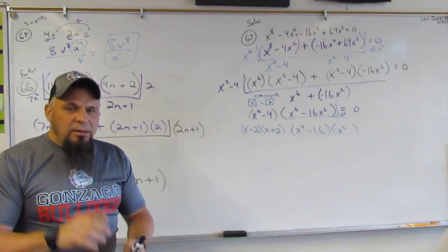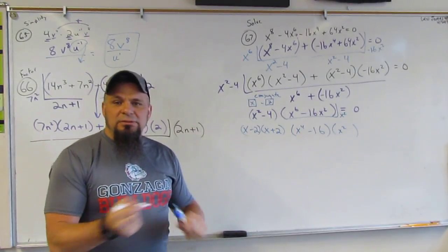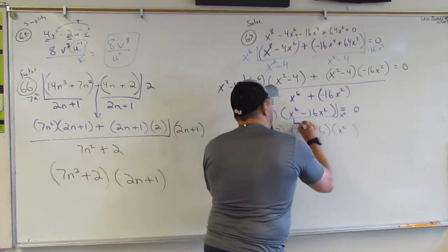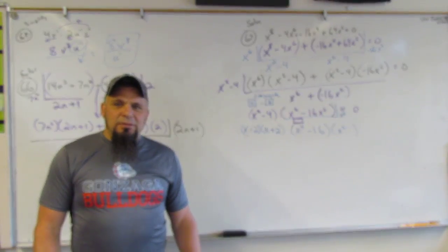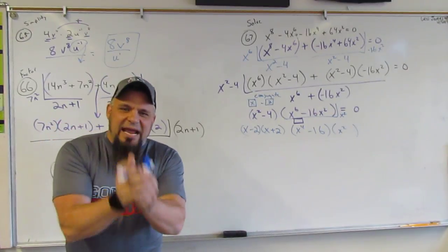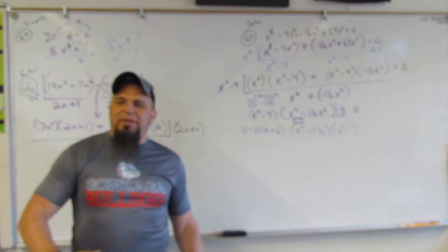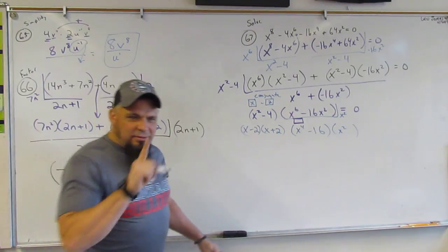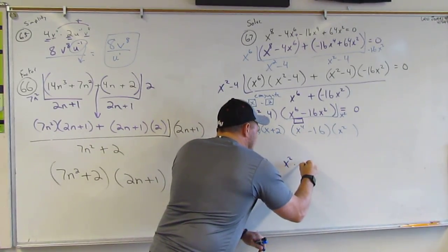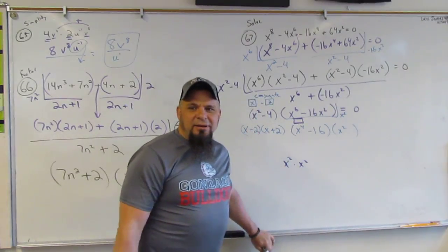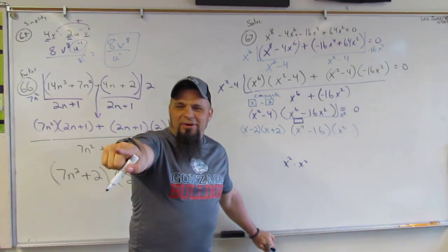Right on. But check this out, peeps. Is this a square? Can two things that are exactly alike multiply to become x to the 4th? So think about this. What is x squared times x squared? X to the 4th, right?